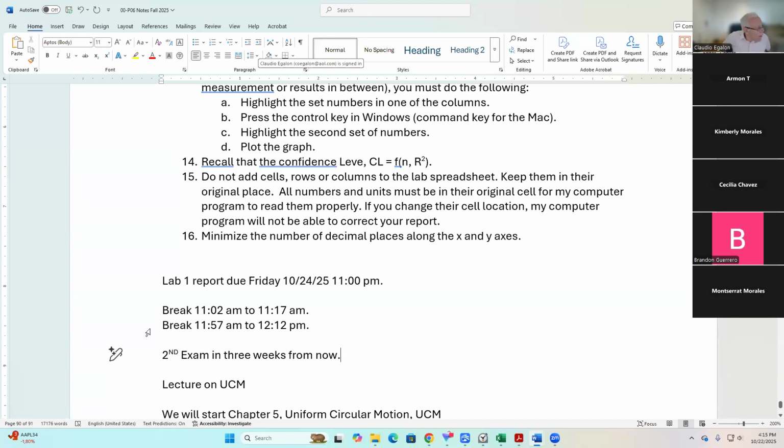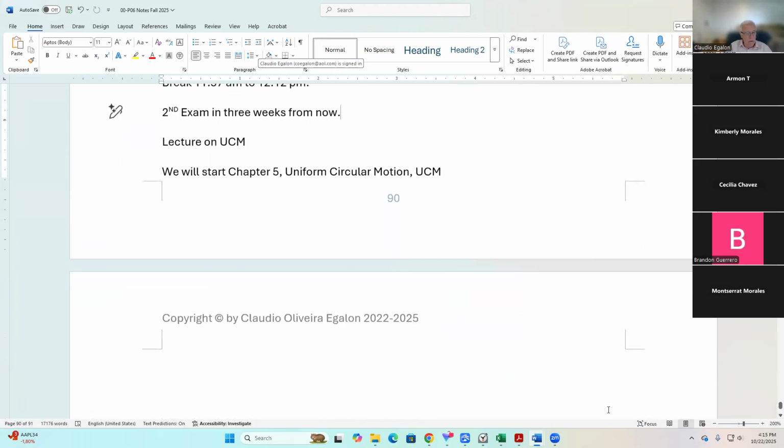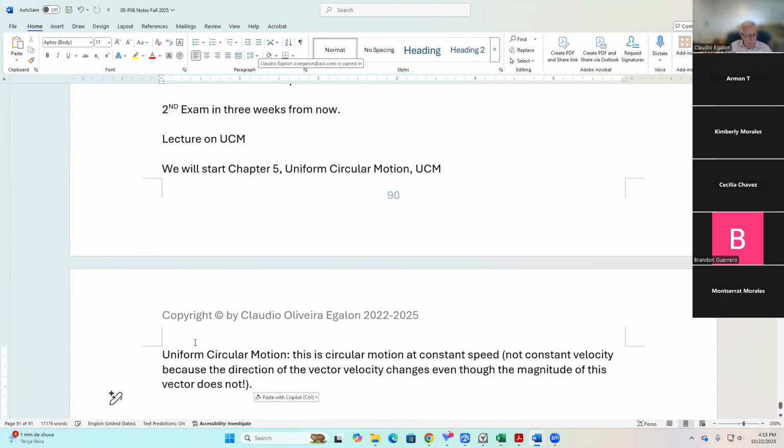Okay, so let's talk about uniform circular motion. What's the definition of uniform circular motion? It's exactly what the name says. It's going to be circular motion, and by uniform we mean the speed is constant.